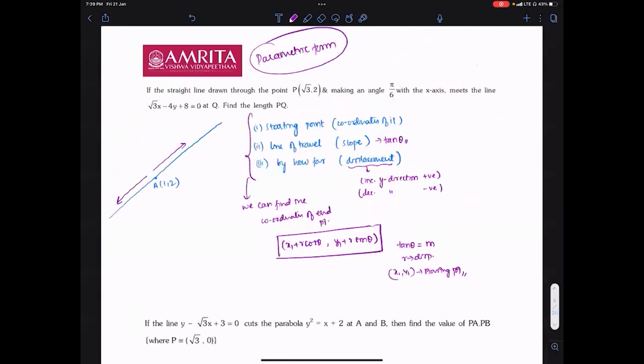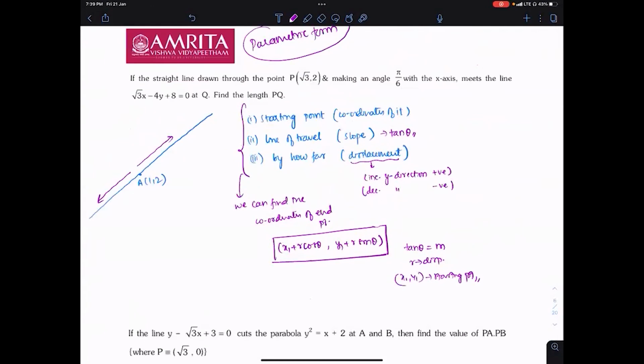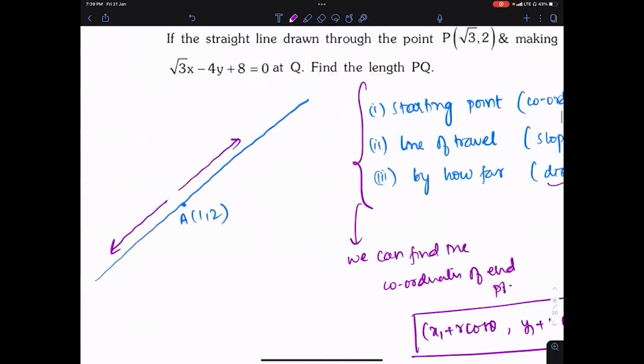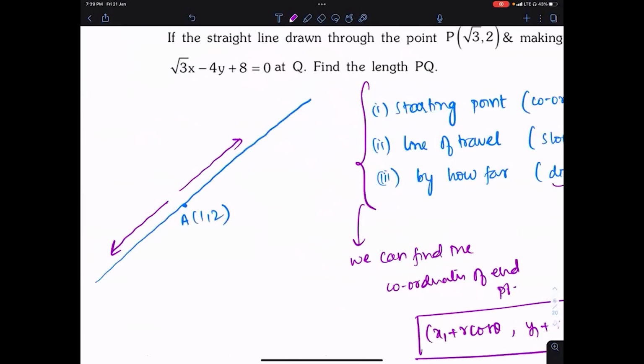Here they will give some variables and test you. Let us see how they test this concept in the first question. Just a brief simple example: your starting point is 1, 2, and your displacement is plus 5 units.